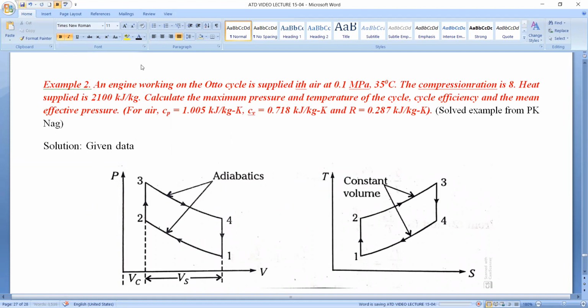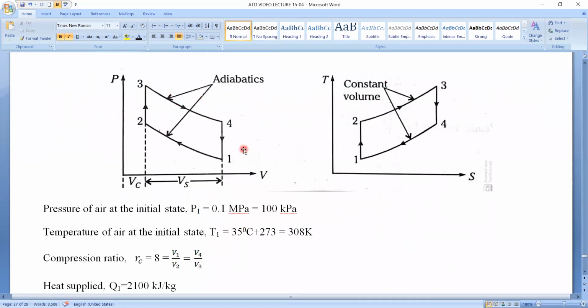Okay. Now as the Otto cycle is given, the first task in solving any numerical is to draw the diagram on PV and TS coordinates. So this is the cycle on the PV coordinates. We know that the Otto cycle consists of 4 processes: 2 adiabatic processes and 2 constant volume processes. Process 1 to 2 is adiabatic compression.